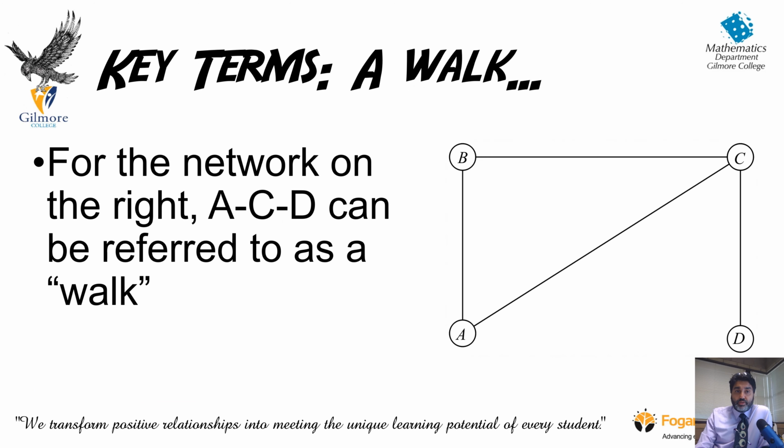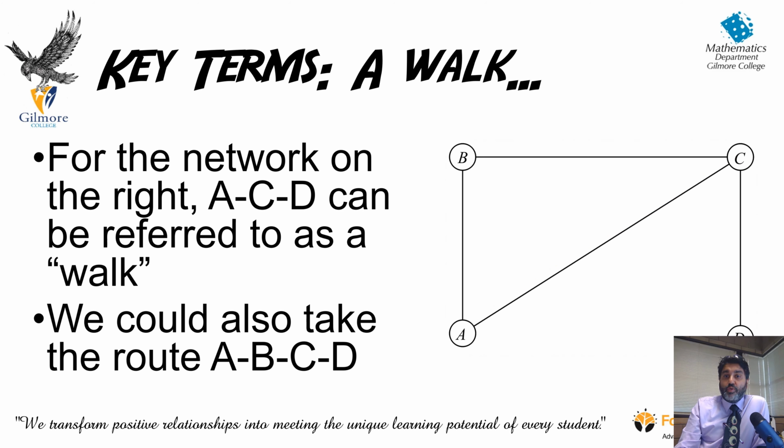A walk. For the network on the right, going A, C, D is referred to as a walk. Basically it's just following a particular path. We could also take the road A, B, C, D, which would also be a walk.